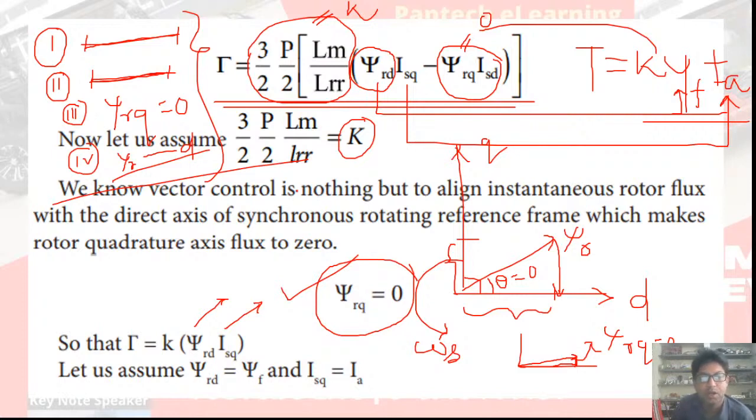Vector control or field oriented control is nothing but to align the instantaneous rotor flux with the direct axis of the synchronous rotating reference frame. Okay, so hope it is clear to you. I have tried to clarify what is the separately excited DC motor analogy of the induction motor.